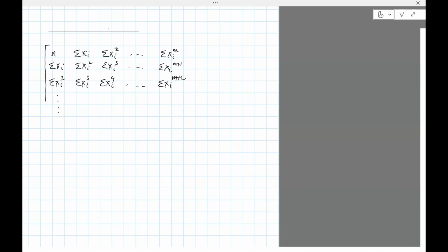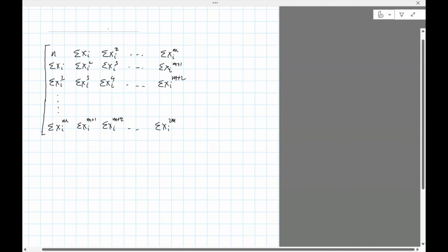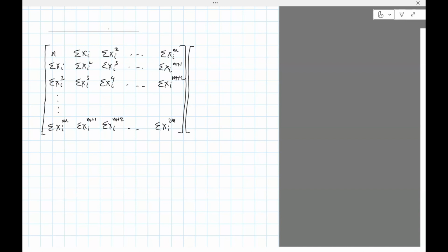And you can see the pattern. It's basically, you just keep increasing the order. So you end up with summation x_i^m, summation x_i^(m+1), summation x_i^(m+2), and so on till summation x_i^(2m). Okay, so those are the coefficients whose values are known because x_i basically comes from the data.